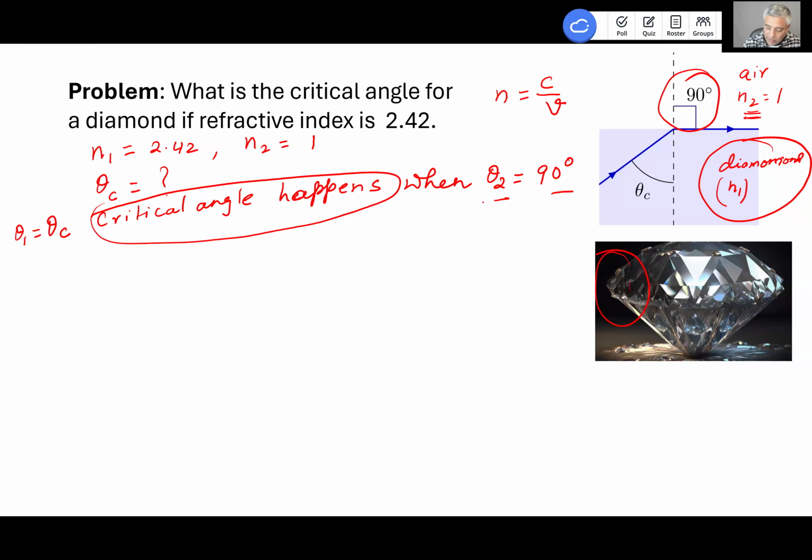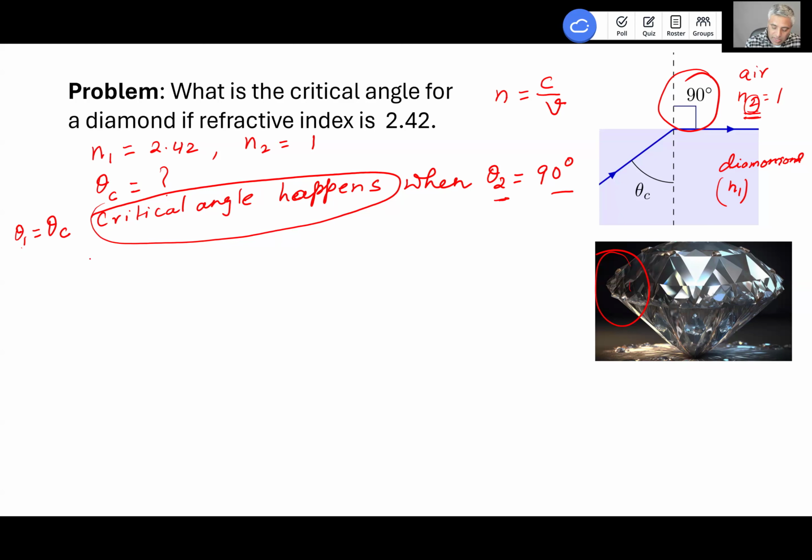And to say theta 1 and theta 2, you have to actually mark which side you are saying 1 and which side you are saying 2. If you don't have the subscript here saying which medium we're talking about, without that, the equation may not make sense.